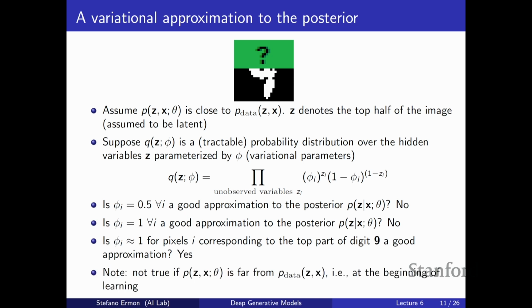But you see that it depends on what you see. It depends on the evidence x. So if you see this, you might say it's a 9, but if you see a straight line, then maybe you think, oh, it's a 1. And so you want to choose different values of these variational parameters. And so even though theta is common across the data points, the values of the latent variables that you infer should be different.